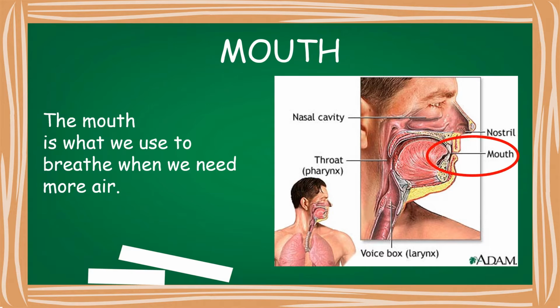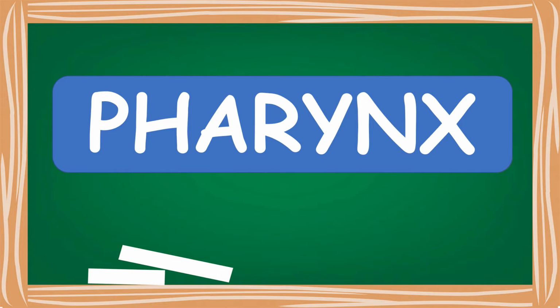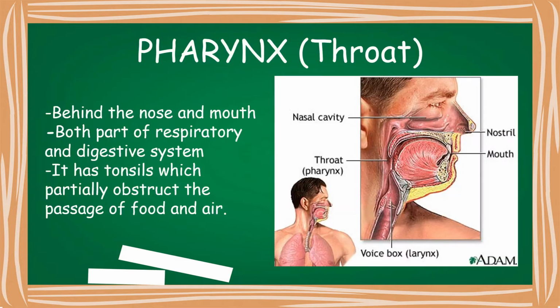After the air flows in our nose and mouth, where do you think the air flows now? What is our next part? Very good. That is pharynx. After nose and mouth, the air now flows to our pharynx. What is pharynx? The pharynx or our throat is behind the nose and the mouth.